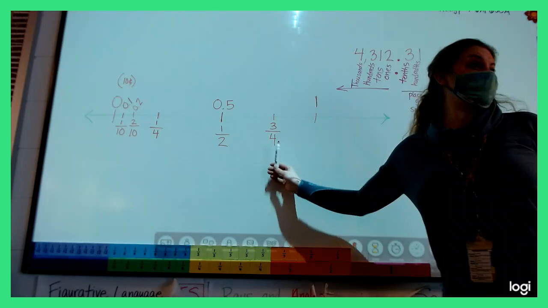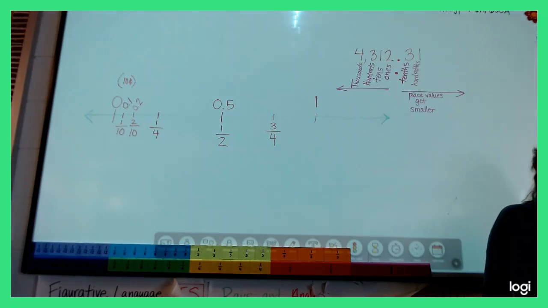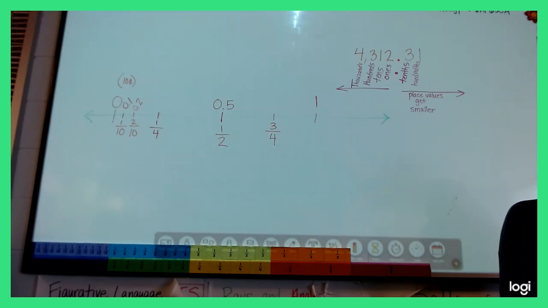Would 3/4 feel a little bit hard to us at this point maybe? It might, okay? But if you think about money, if I have 3/4 of a dollar, I know I have 75 cents. Did anyone else think kind of like that when you thought about 3/4 of a dollar? So if I know I have 75 cents, how would that look as a decimal? Noah? 0.7.